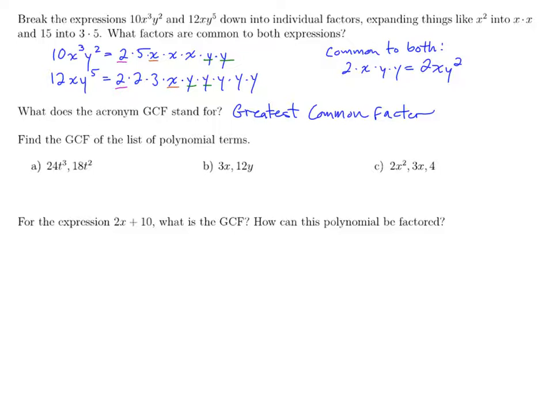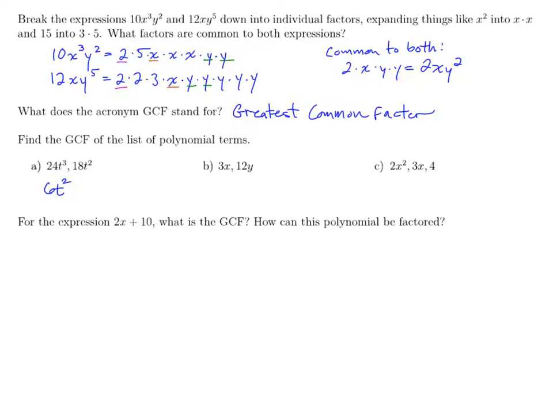With 24 and 18, numerically the greatest common factor is just going to be 6. And then between t cubed and t squared, the smaller exponent, which is a 2, is common to both. So 6t squared is the greatest common factor of those two expressions.